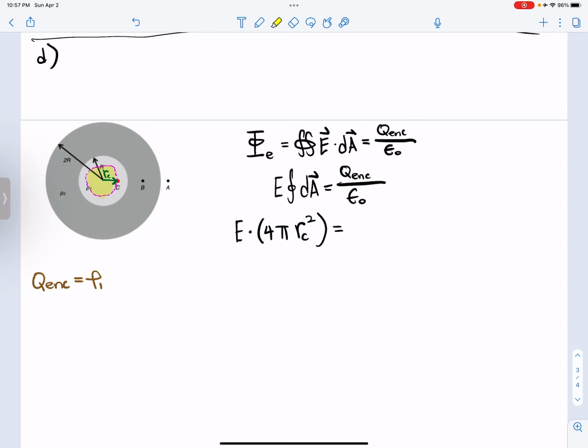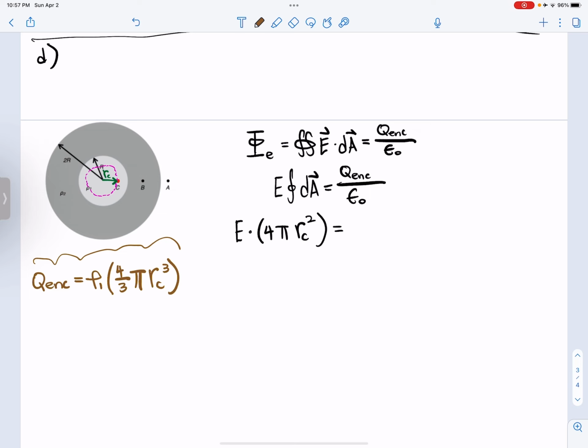That's going to be for the charge enclosed, so everything enclosed in this surface. My Gaussian surface, that's going to be 4 divided by 3 pi RC cubed. Okay?